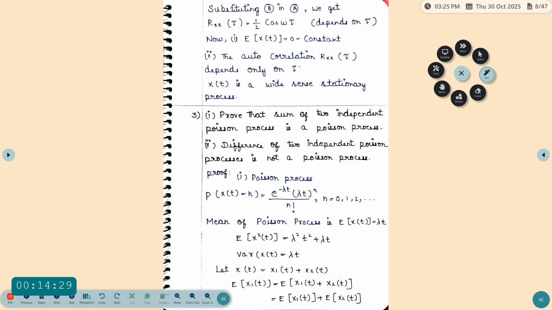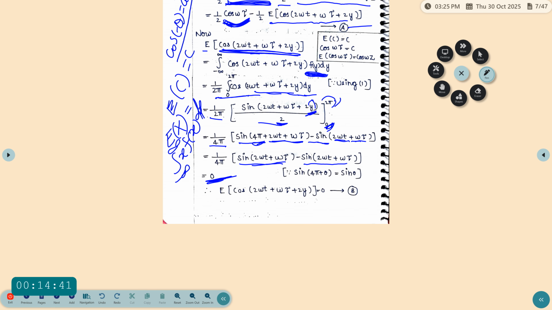So we get R double x of tau equal to 1 by 2 into cos omega tau, because expectation of cos 2 omega t plus omega tau plus 2y equals 0. Consider this as B. Substitute this value in equation number A. We get R double x of tau equal to 1 by 2 into cos omega tau.